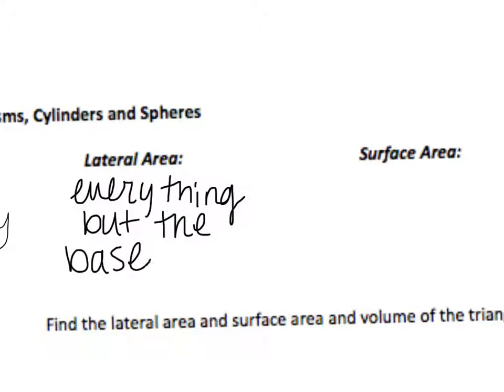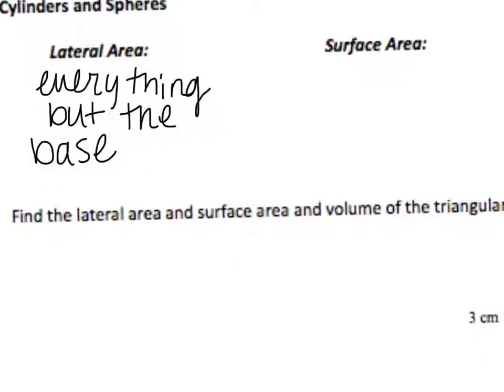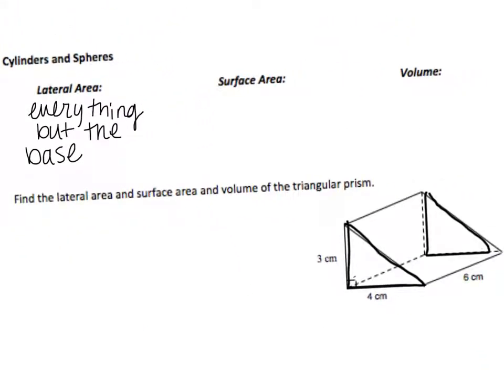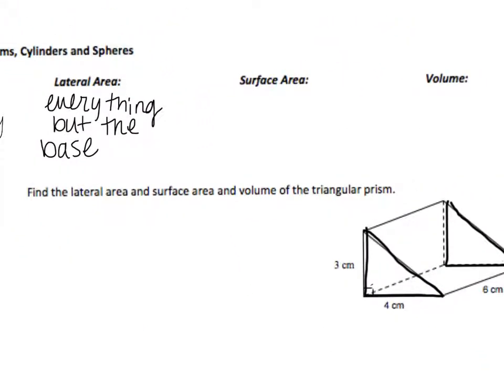So again, if I look and refer back down to the picture down below, this image of the triangular prism, if I'm talking about everything but the base, think to yourself right now about what shapes those other sides are. Those sides are rectangles.